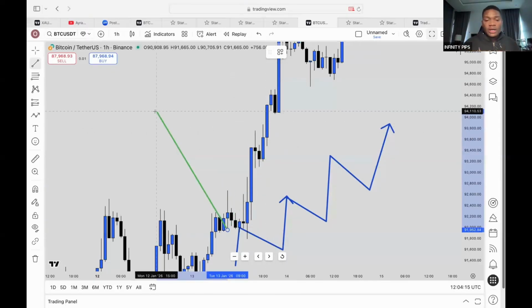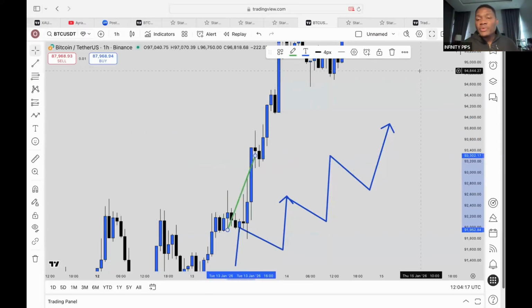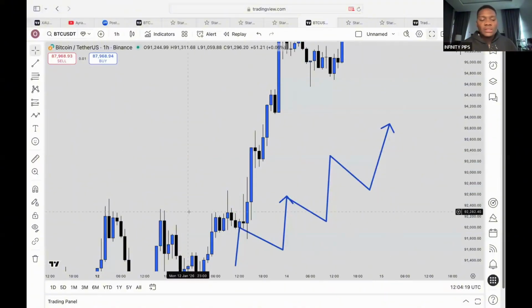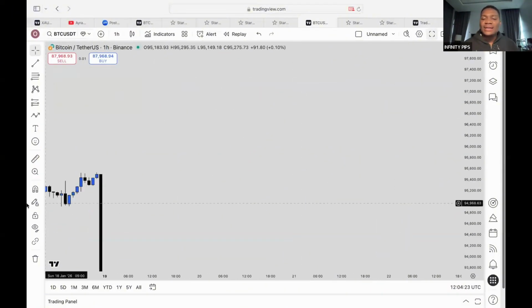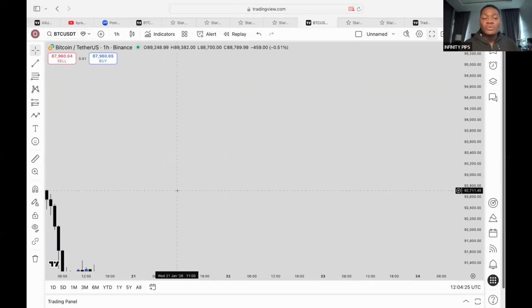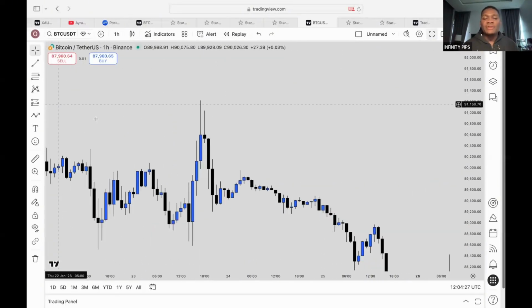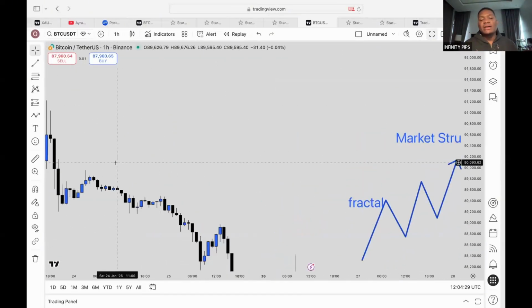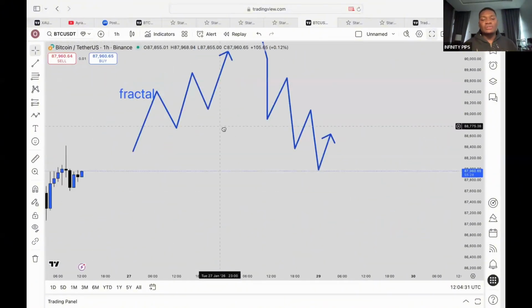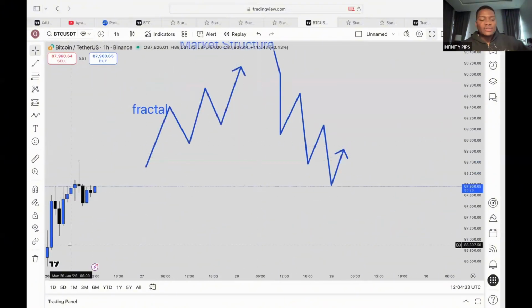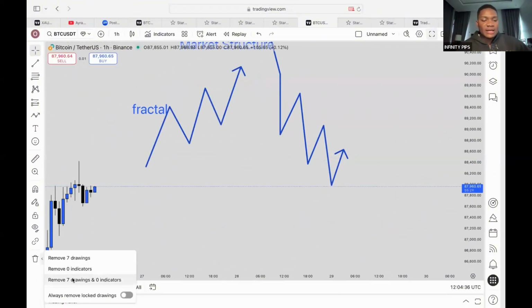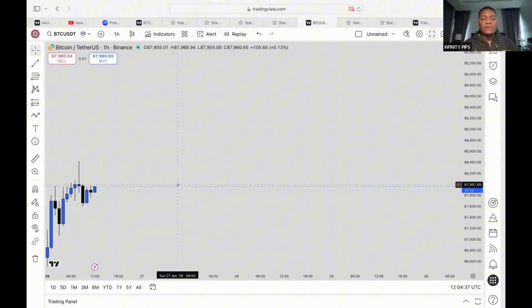But also, let me quickly show you what the exact movement of markets actually looks like. So let me clear this now.